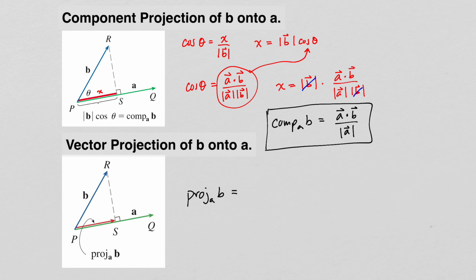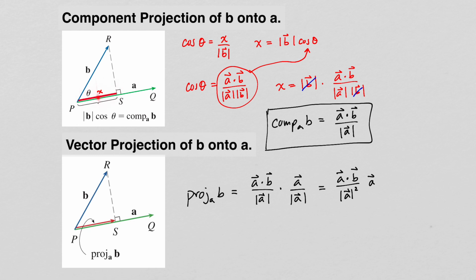And it is going to be the length of that shadow, which is the dot product of A and B divided by the magnitude of A, multiplied by the unit vector that points in the same direction as A, which is the vector A divided by the magnitude of A. And we can write this as the dot product of A and B divided by the magnitude of A squared multiplied by vector A. And this is what we call the projection of B onto A. So just to summarize, we have the component projection of B onto A, also known as the scalar projection.